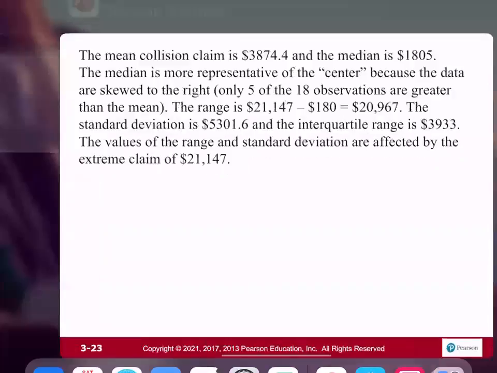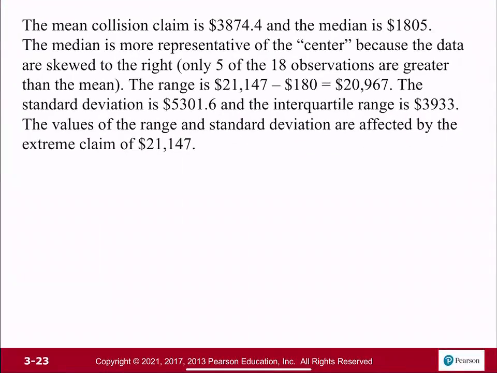All right, so here again, like they said, the median is a better center that we could use to identify the average amount of money that people spend on the claims, instead of the calculated mean. Let's see, standard deviation, 5,300, interquartile range, 3,900.